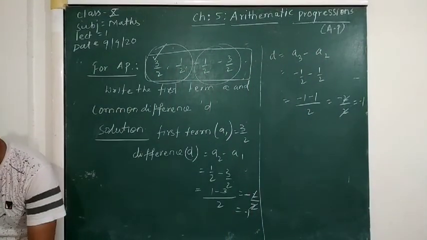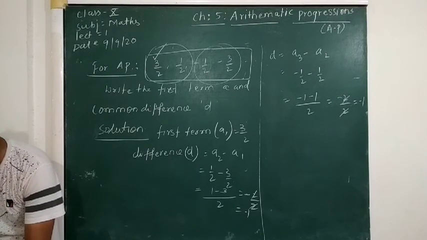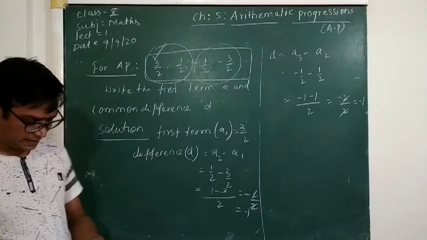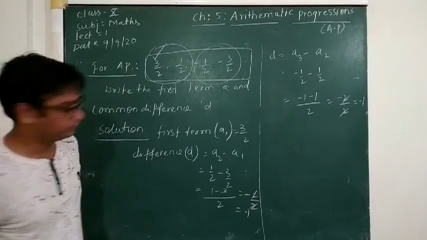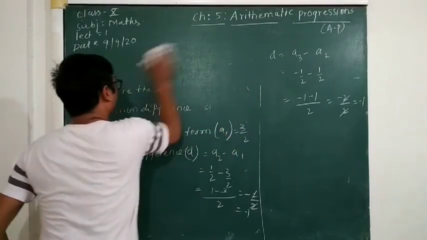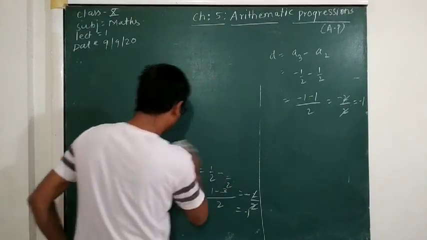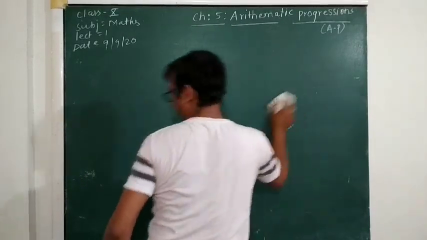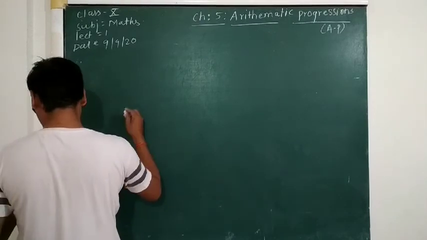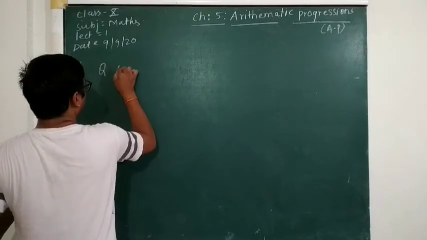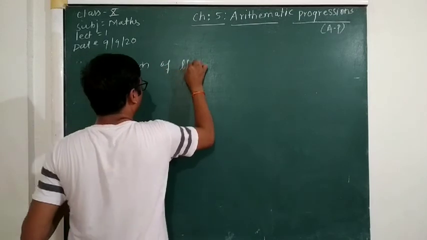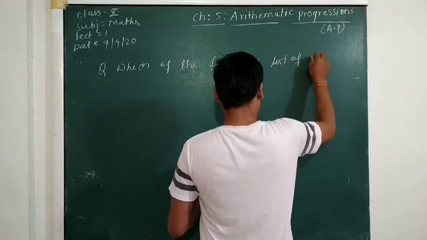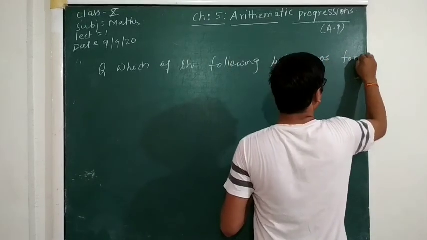So one more question we are doing here. Suppose the question is: which of the following lists of numbers form an AP?